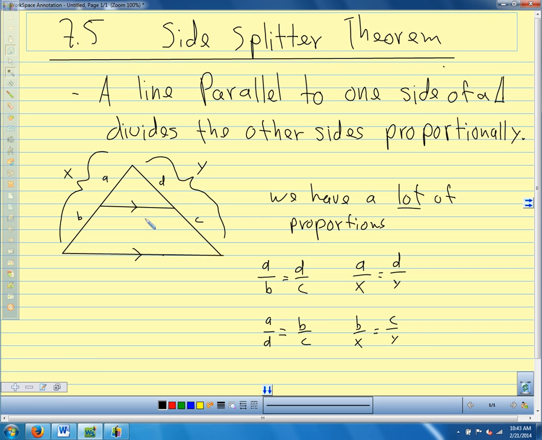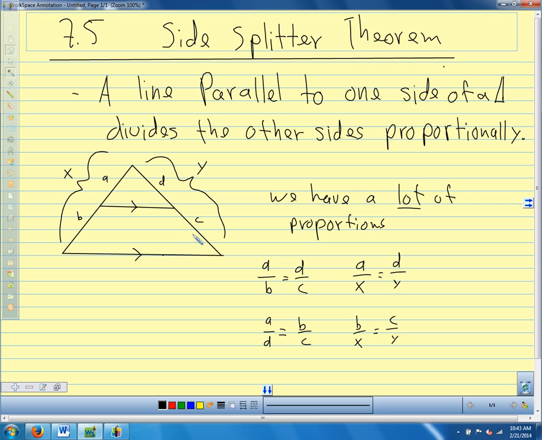So let's think back for a second about when we talked about the mid-segment. Remember, the mid-segment was parallel to one side of the triangle, but where did it go on the other two sides of the triangle? What did the mid tell us about the mid-segment? It went to the midpoints of the sides of the triangle. So these two lengths were equal.